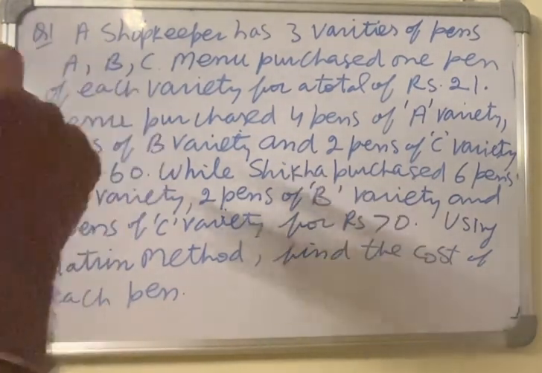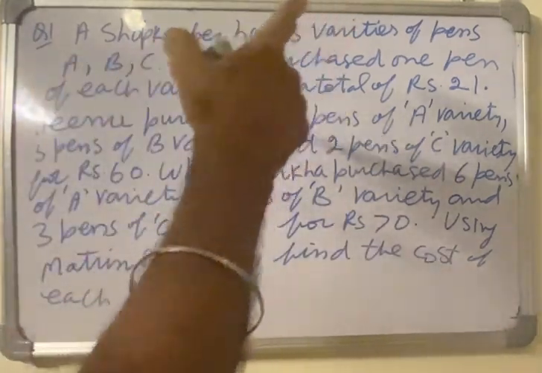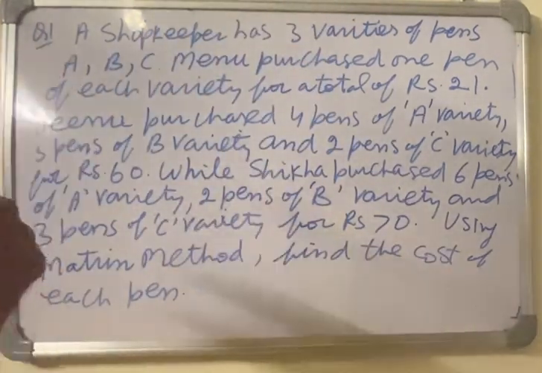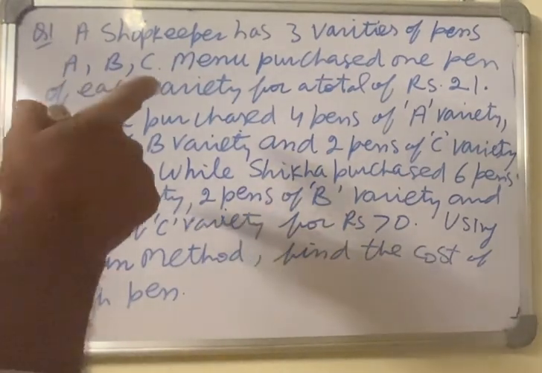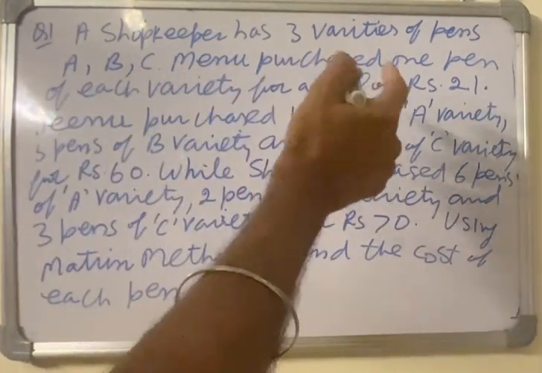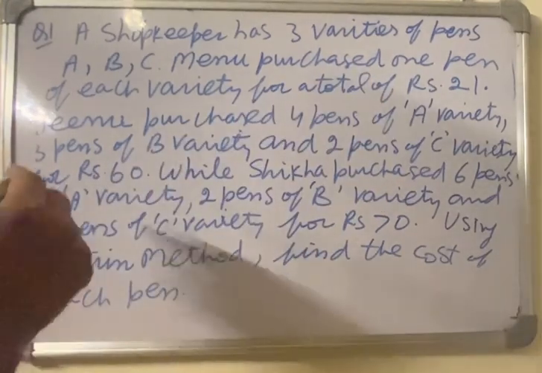A shopkeeper has three varieties of pens A, B, C. Meenu purchased one pen of each variety for a total of rupees 21.